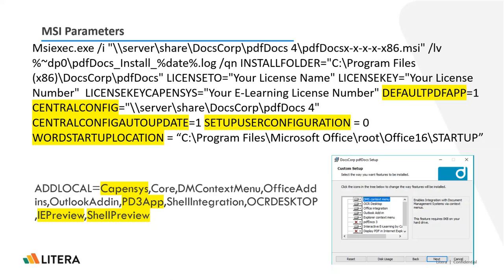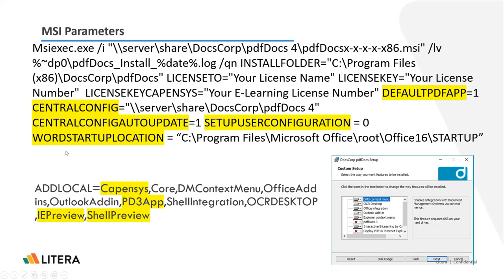The reason being, there is a file called pdfDocs.dot that is put down during the install in the default location of Word. So, if your Word startup location has not been changed, it's not customized, you don't even need to put that in there. Just omit it.